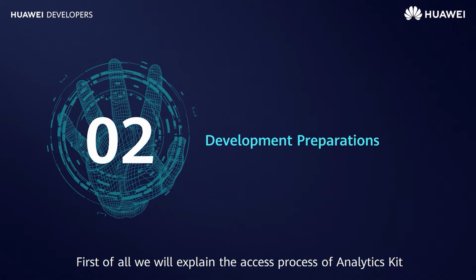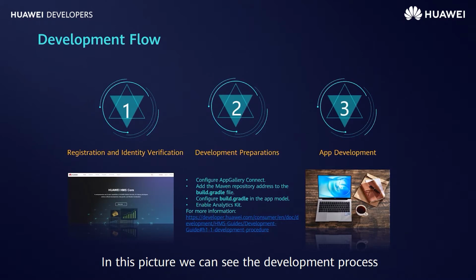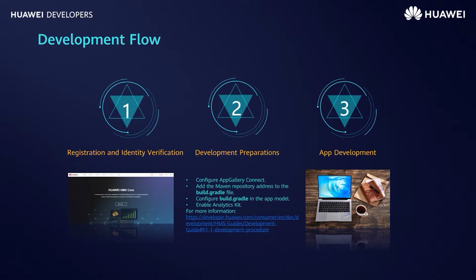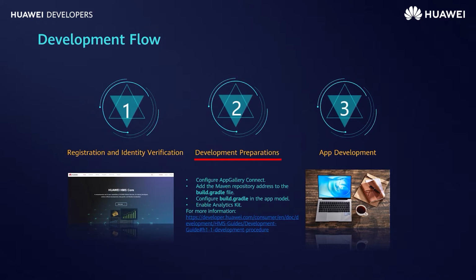First of all, we will explain the access process of Analytics Kit. In this picture, we can see the development process of Analytics Kit is divided into 3 steps. Step 1. Sign up as a Huawei developer and complete real name authentication. Step 2. Take 4 steps to prepare for the development.